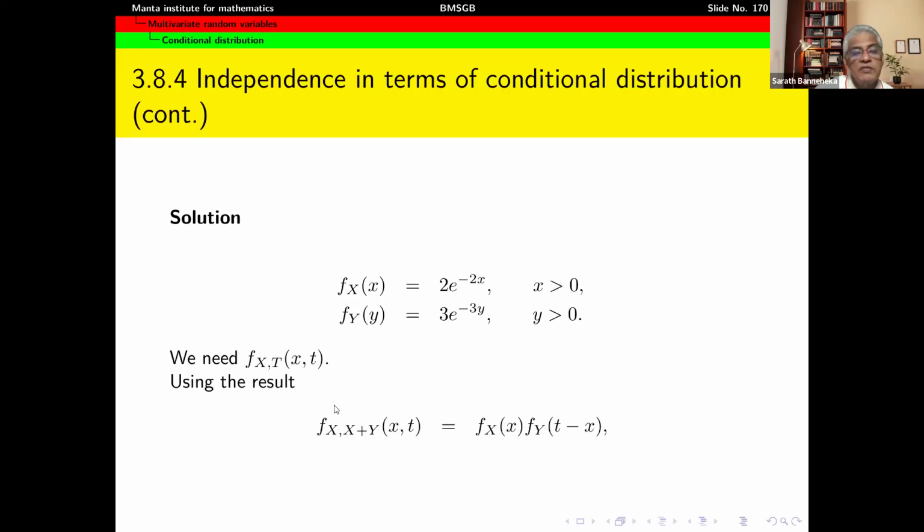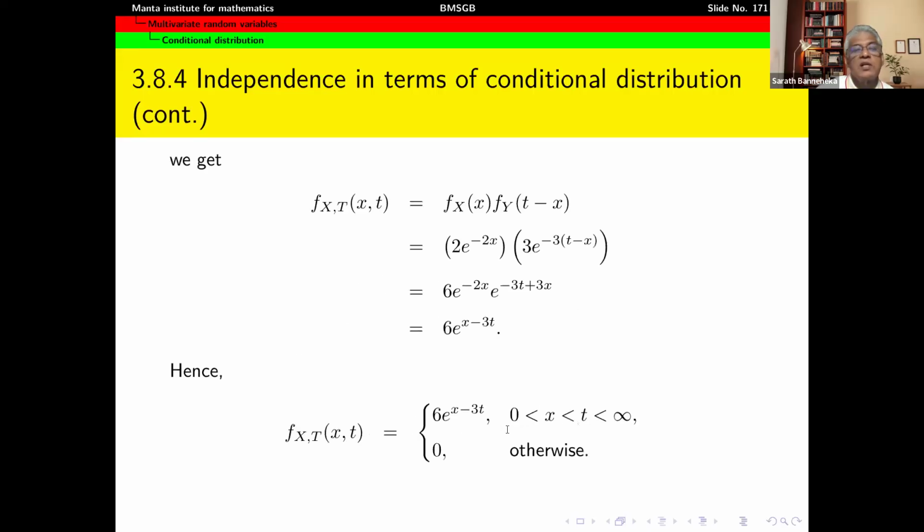So using the result, we can say that the joint density function of X and X plus Y, or we can replace this by capital T if you want, evaluated at some x and t, has to be equal to this expression from the previous result: the product of the marginal density of X evaluated at x and the marginal density of Y evaluated at t − x. Right. So we can easily get an expression because we know the individual marginal densities.